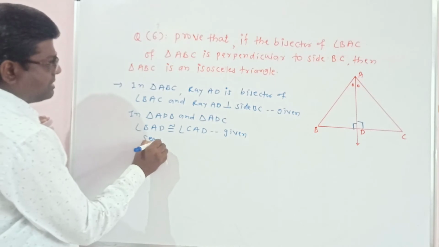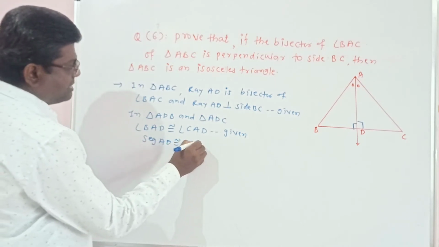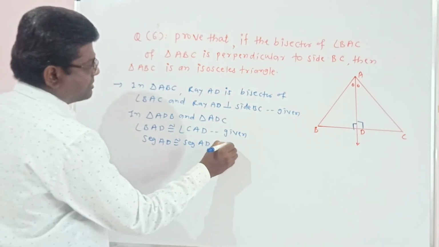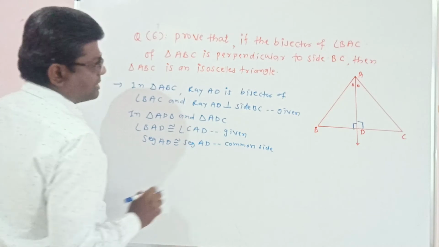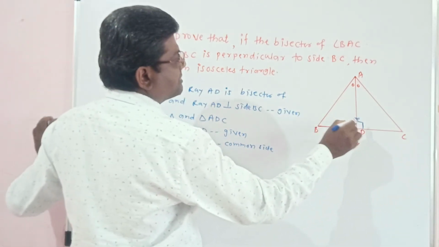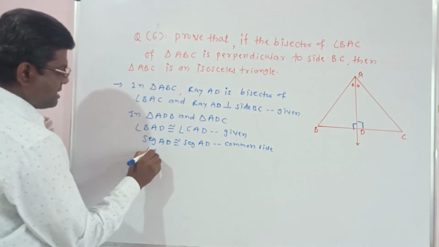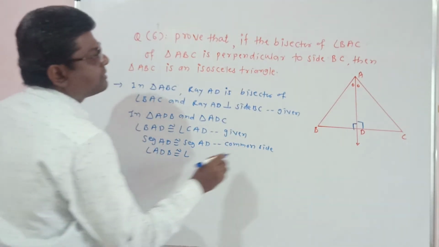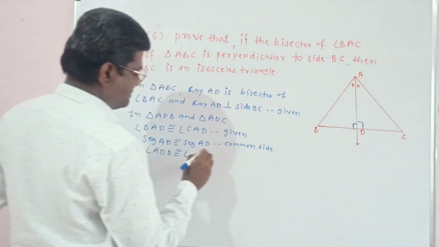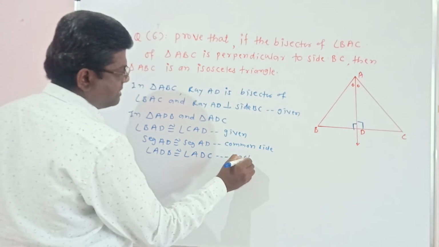Now, segment AD congruent segment AD. This is a common side. This angle and this angle are 90 degrees. Angle ADB congruent angle ADC, each 90 degrees.